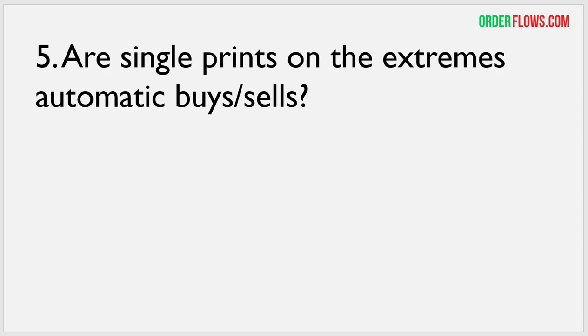Okay, single prints on extremes are automatic buys or sells. If you use my software, you'll notice that single prints are highlighted in the footprint chart. It's not some magic thing.